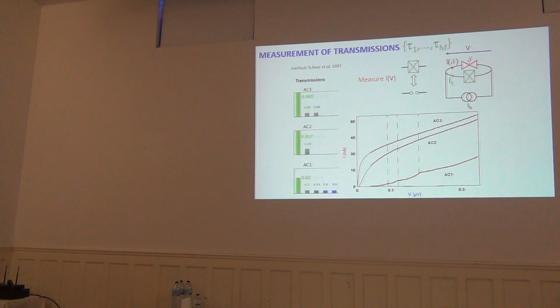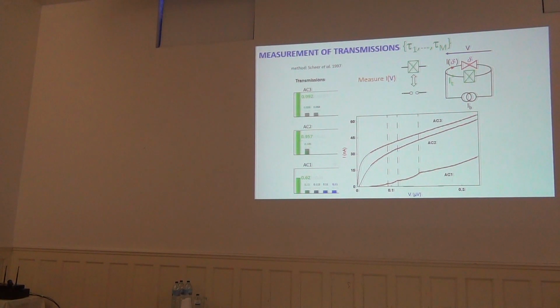An example of this: in this case, the junction is open, so all the current is flowing through this atomic contact. We can measure the I versus V, and we get, as before, the MAR contribution. From this MAR contribution, in these three different cases, we get the transmissions of the channels.